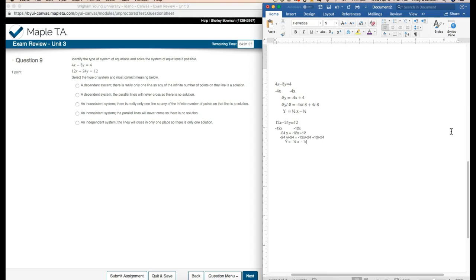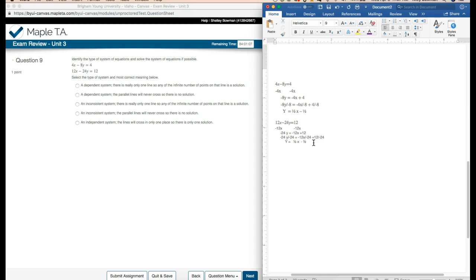Divide them both by 12 to simplify, gives me negative 1 half, and I end up with positive 1 half x minus 1 half and positive 1 half x minus 1 half. Those end up being the same equation, so I have two lines in the same path, which means they intersect at every single point along the line.